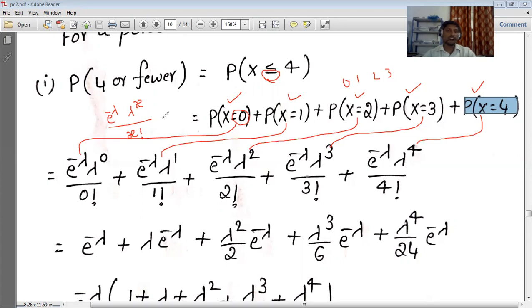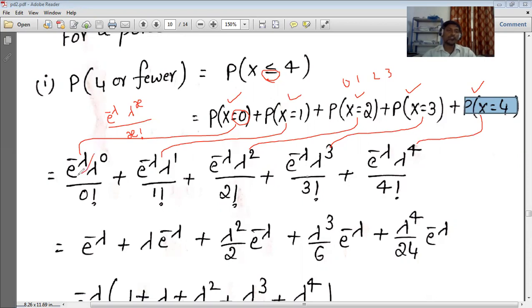Okay, so in this formula, e power minus lambda, lambda power 0 by 0 factorial, e power minus lambda, lambda power 1 by 1 factorial, e power minus lambda, lambda square by 2 factorial, e power minus lambda, lambda cube by 3 factorial, and e power minus lambda, lambda power 4 by 4 factorial. Now we are going to simplify.